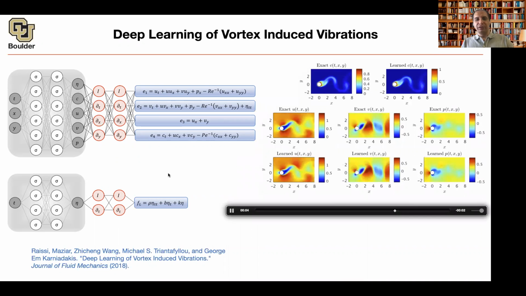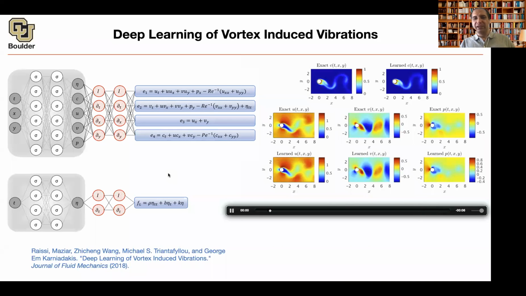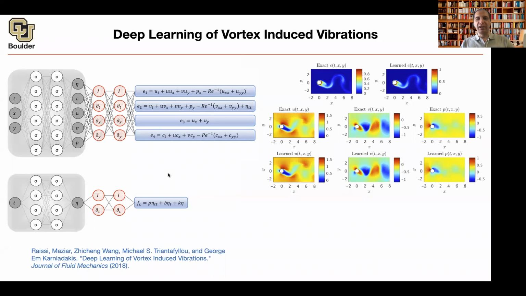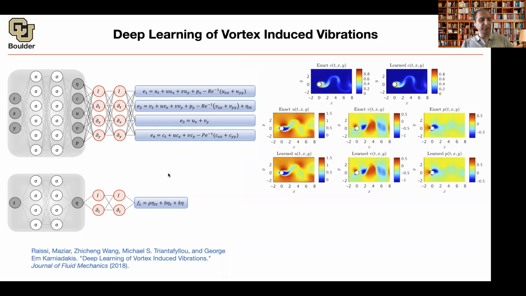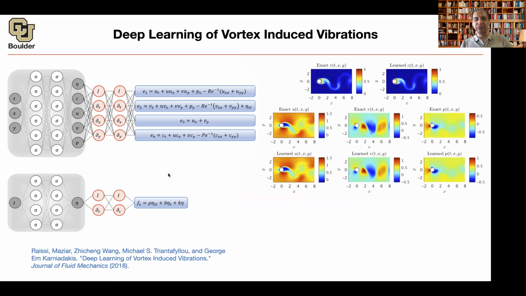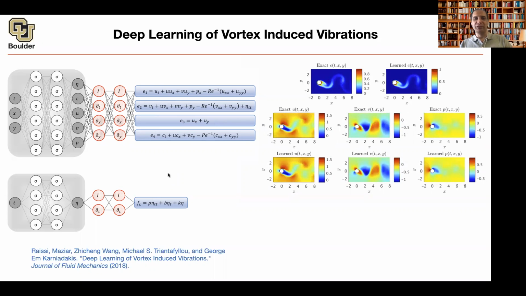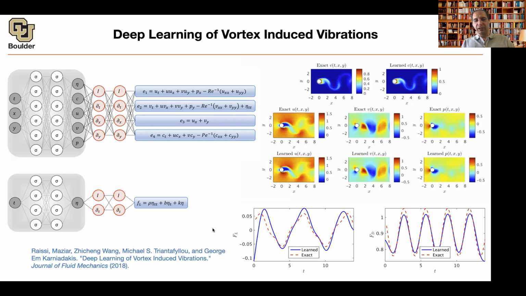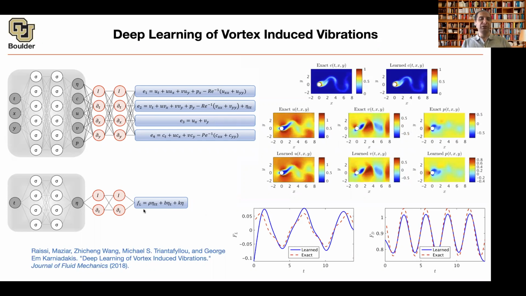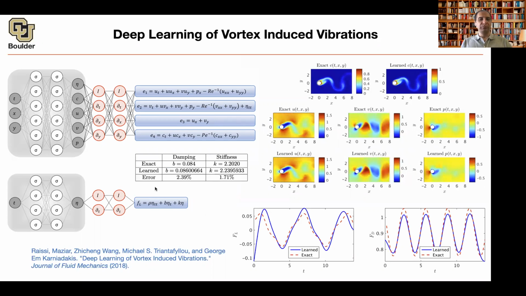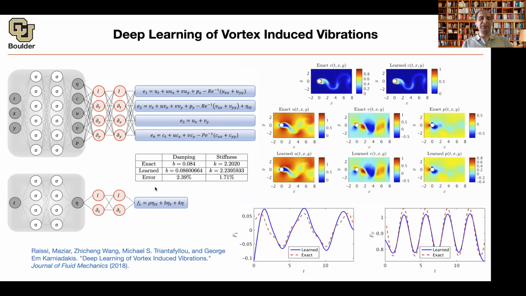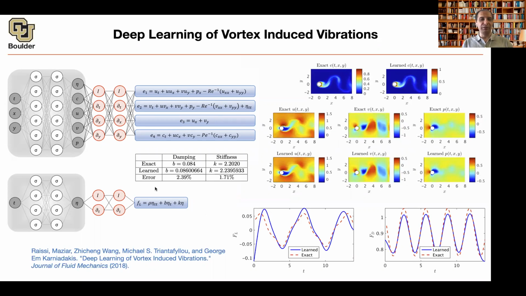This has applications when you are doing deep sea drilling or you're designing bridges. So you have to take these effects into account, these vortex-induced vibrations. We can compute the lift and drag forces, and at the same time, we can compute the damping coefficient, the stiffness coefficients, and Reynolds number, etc.